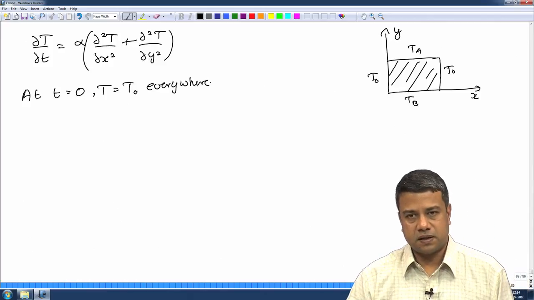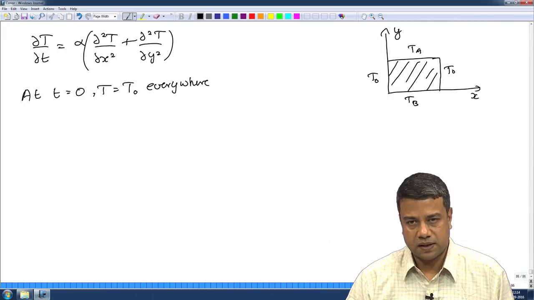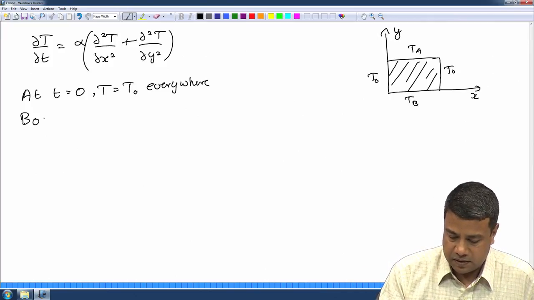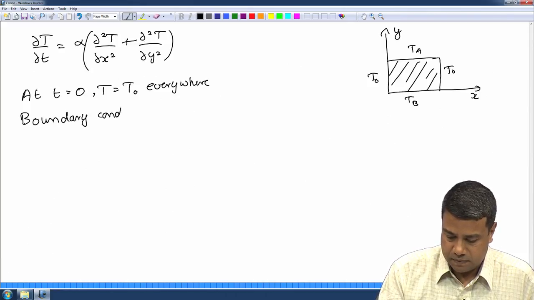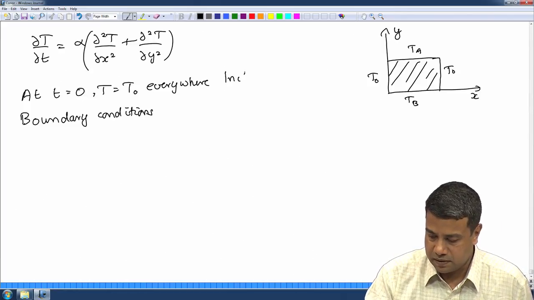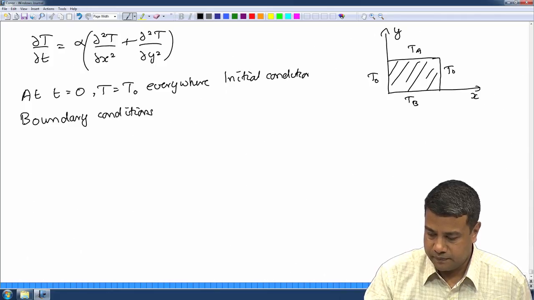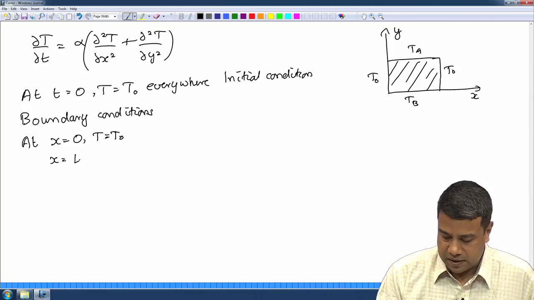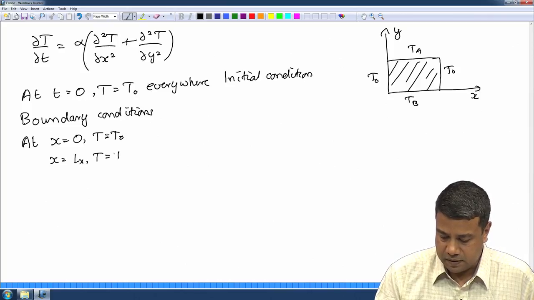So, this is the condition at time t is equal to 0. This is the initial condition. Then I have the boundary conditions. At x is equal to 0, T is equal to T naught, x is equal to Lx, T is equal to T naught.